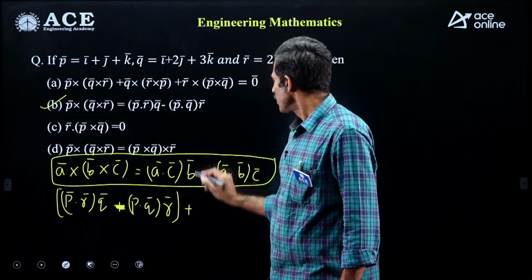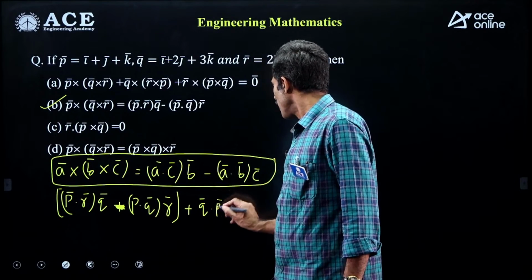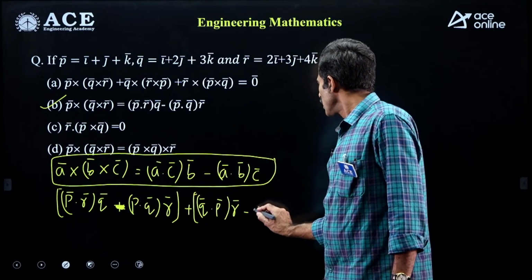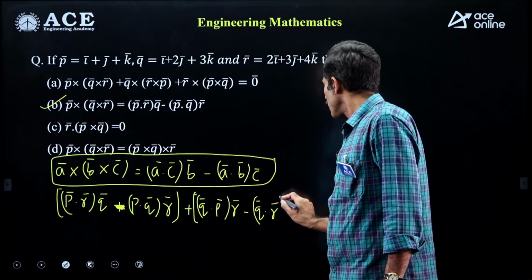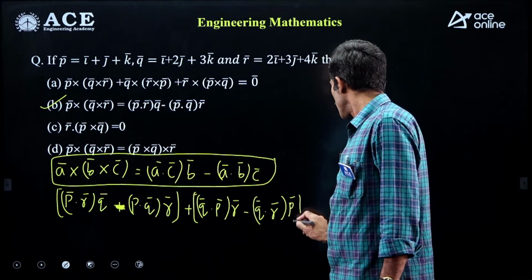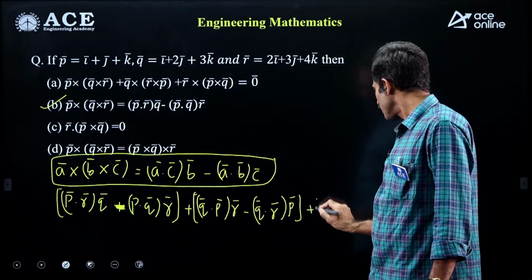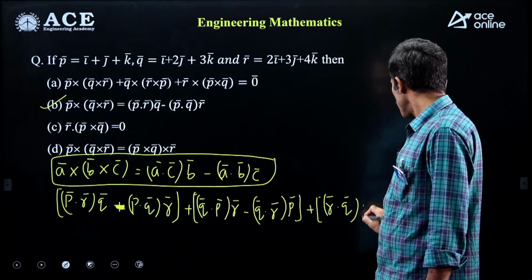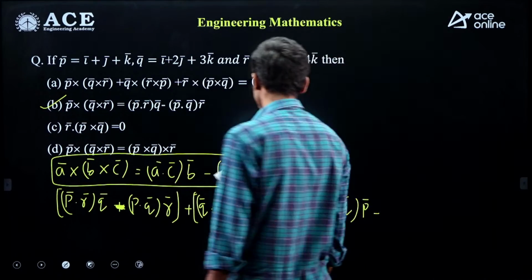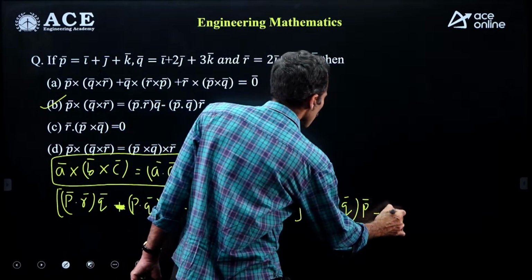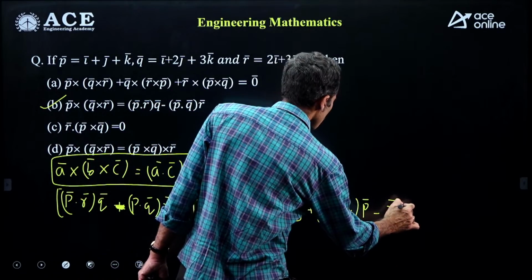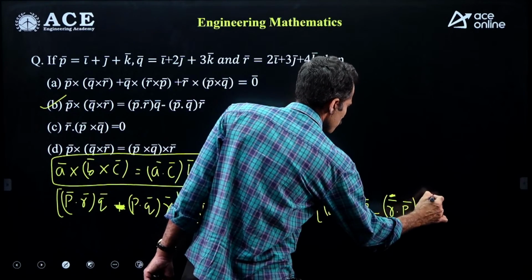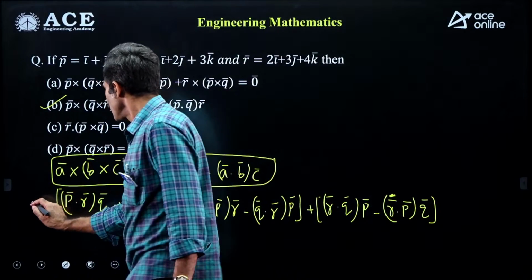Next, in place of the second one, Q bar dot P bar into R bar minus Q bar dot R bar into P bar. Next, in place of the third term we write the result R bar dot Q bar into P bar minus R bar dot P bar into Q bar. Option A.